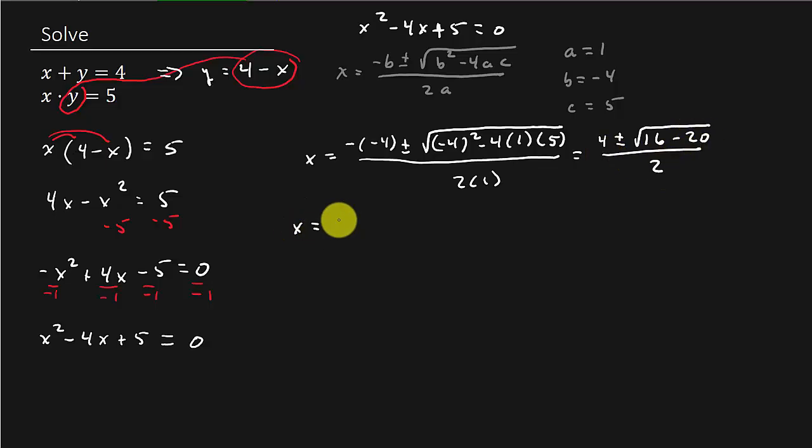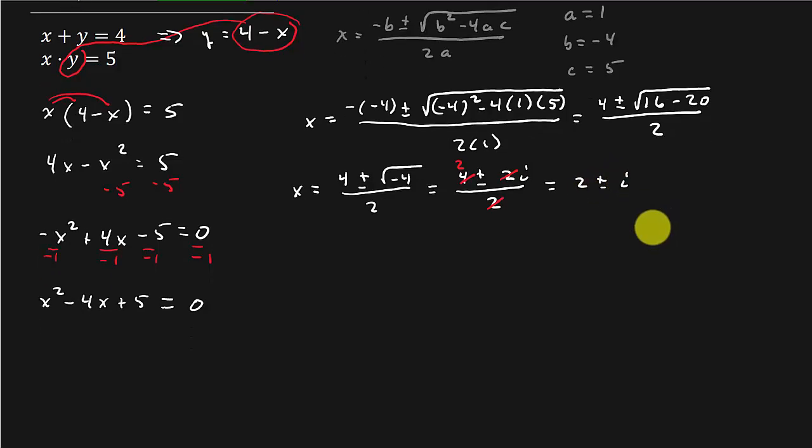And so x is equal to 4 plus or minus the square root of negative 4 over 2, which is equal to 4 plus or minus 2i over 2. And then you can see how the 2 and this 2 and this 4, they all cancel. 2 goes into each one of them. And so that's going to be 2 plus or minus i.